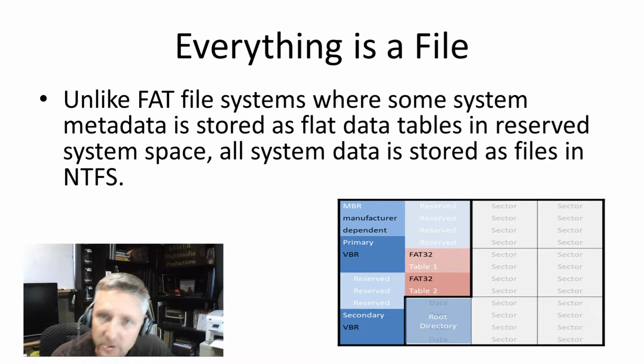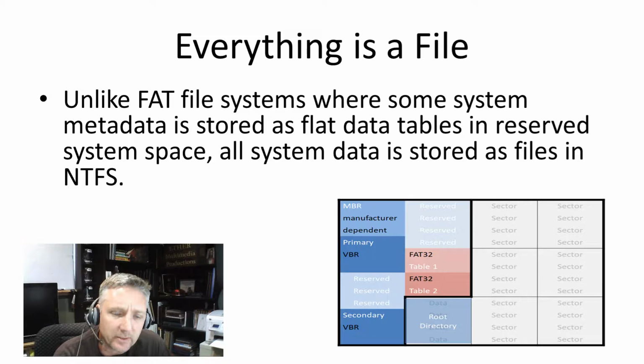In earlier versions of FAT, we had the root directory in the system data area, and in FAT32 it moved out to the data section of the disk. Well, in NTFS, everything is stored as files. There's none of this space sitting there on the disk that's used by the system that doesn't show up as files. Everything shows up as a file.